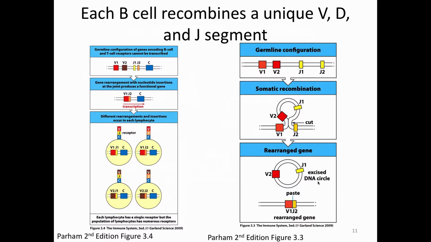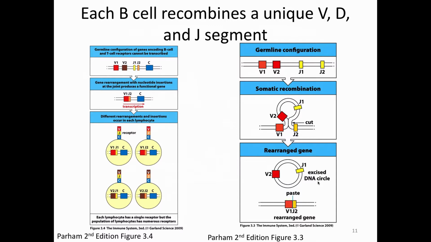And so here you can see we have one cell that used V1 and J1 and made this receptor. One used V1 and J2, one used V2 and J1, one used V2 and J2. So we have basically every possible combination of our V's, our J's, and in some cases our D's, in order to make these receptors.